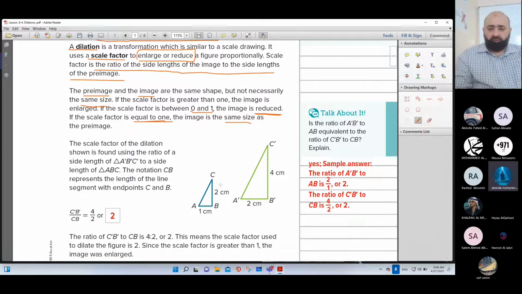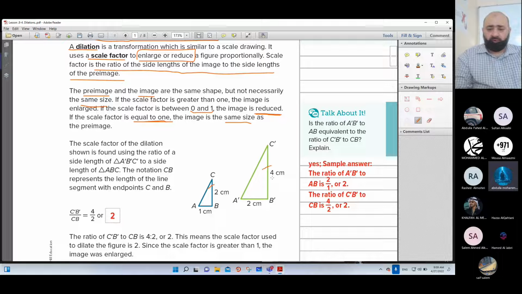Here we have ABC. This is the pre-image. And here we have A prime, B prime, C prime. This is the image.